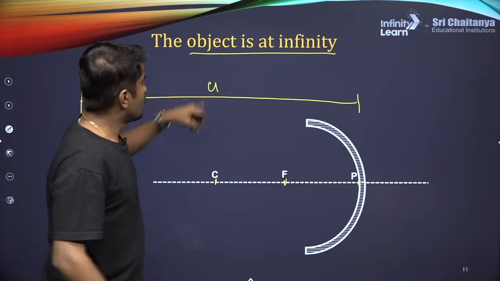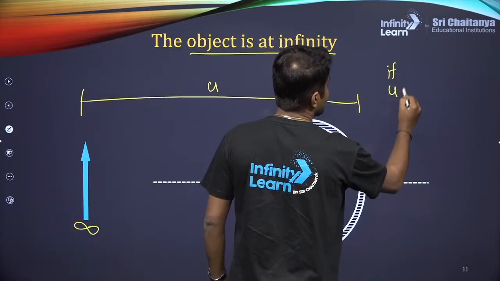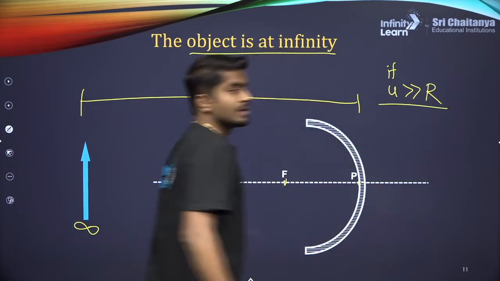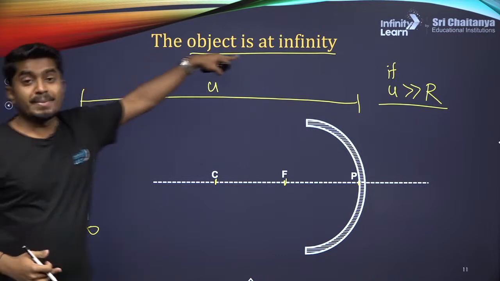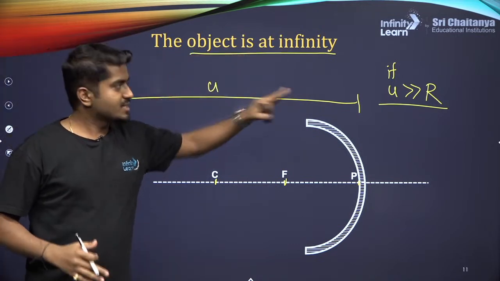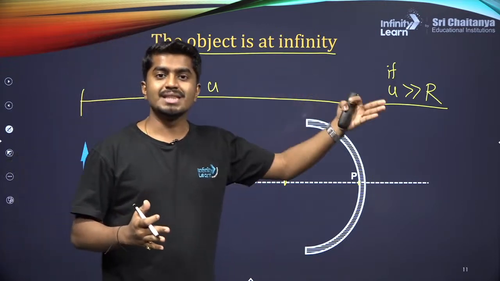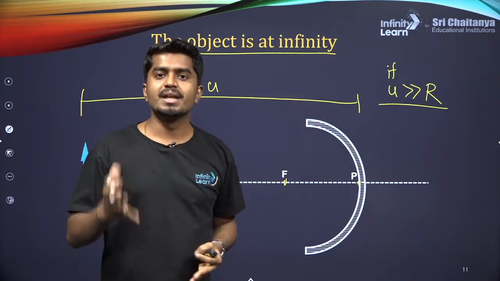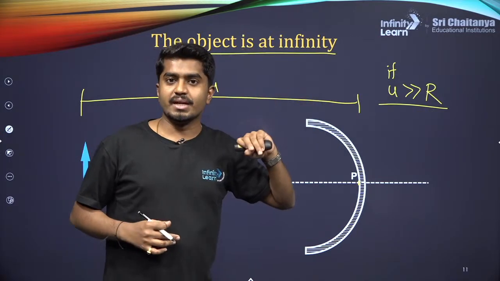If u is much greater than the radius of curvature, then we can say that this object is placed at infinity. That is a general way to say it. You don't always need the sun or the moon. Even a tree which is 10 kilometers away from the mirror can act like an object at infinity.